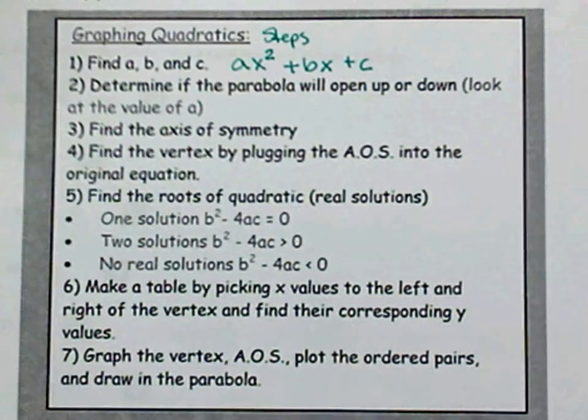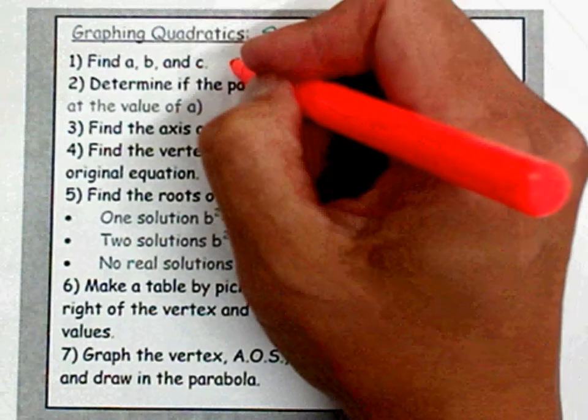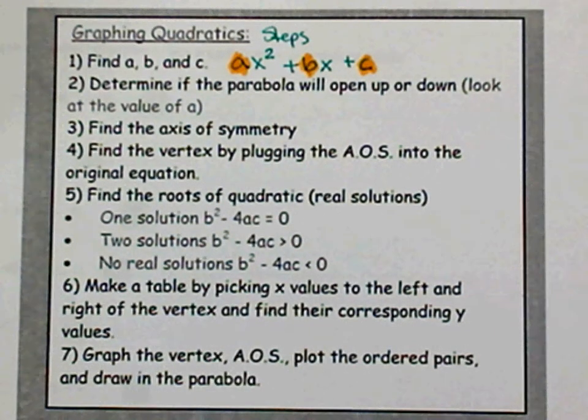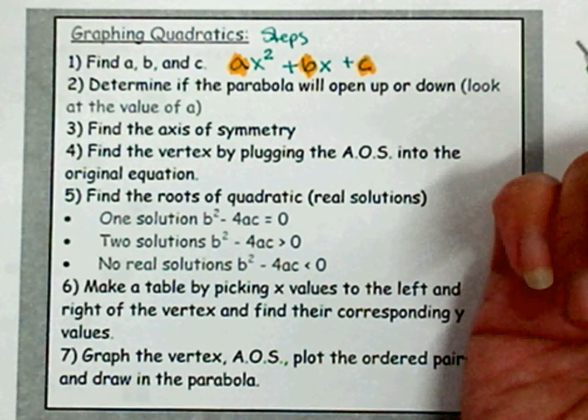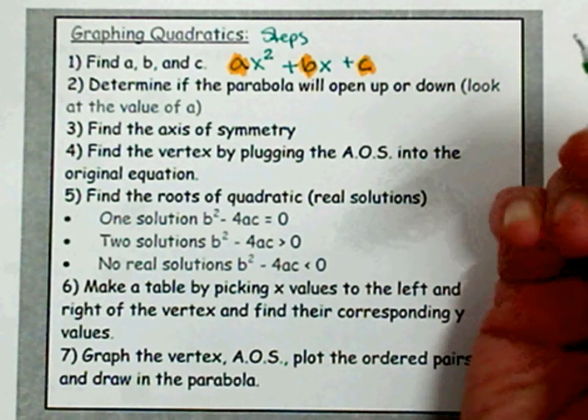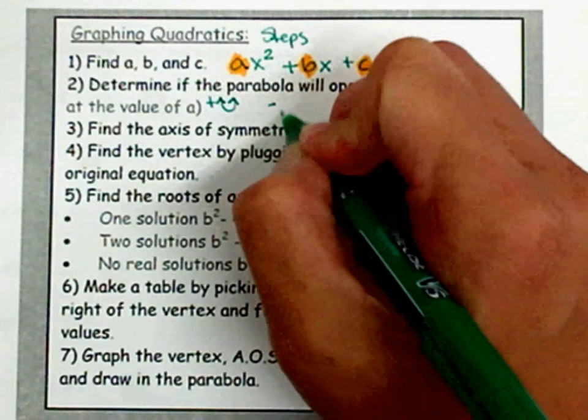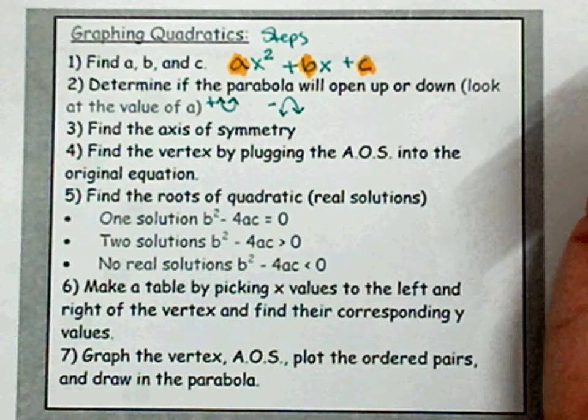All these are just numbers. You just want the numbers. You need to determine if the parabola opens up or down. If your a is positive, it opens up. If your a is negative, it opens down, just like your previous notes.